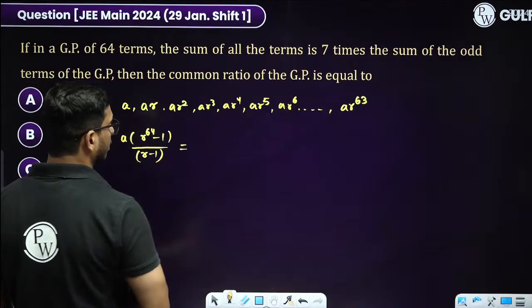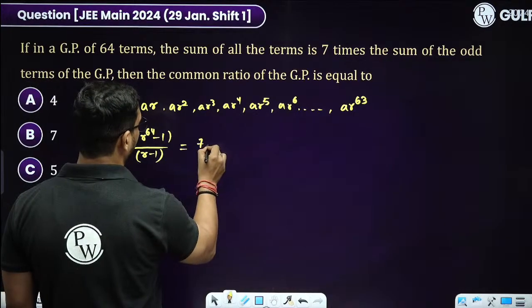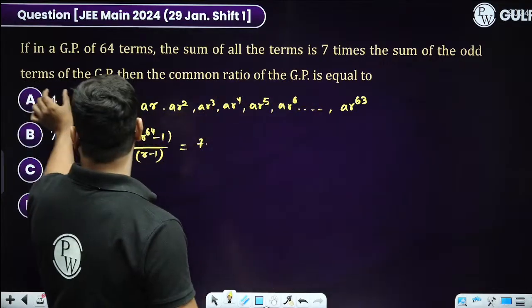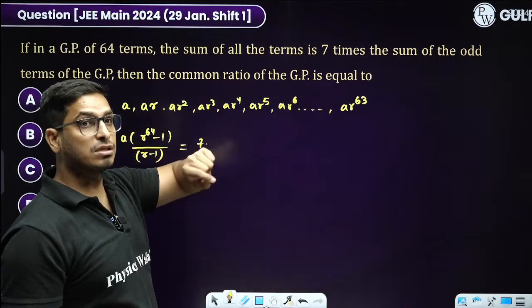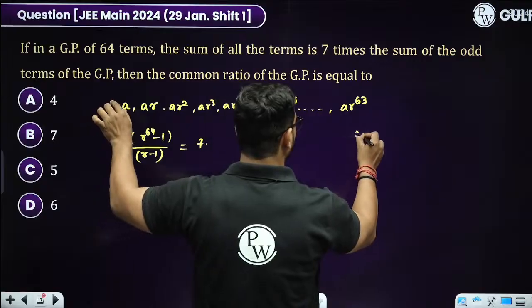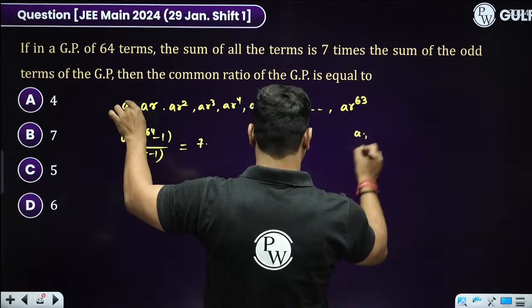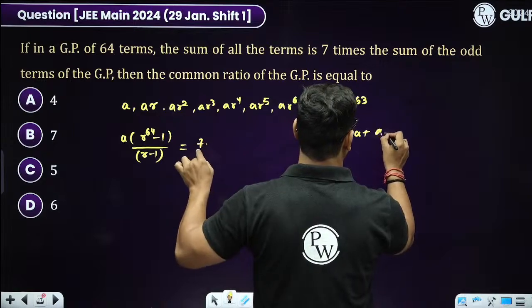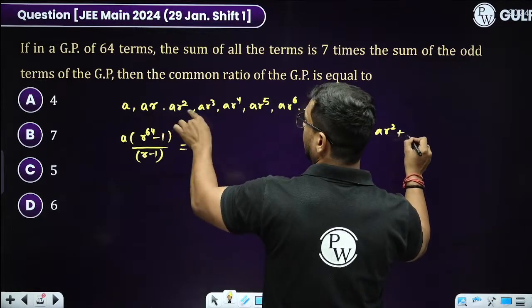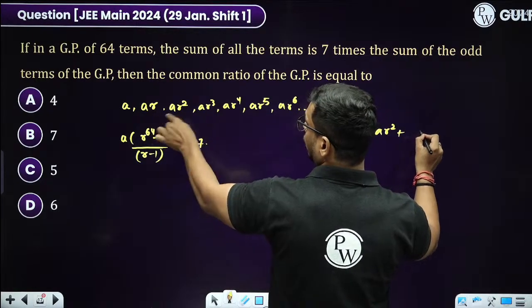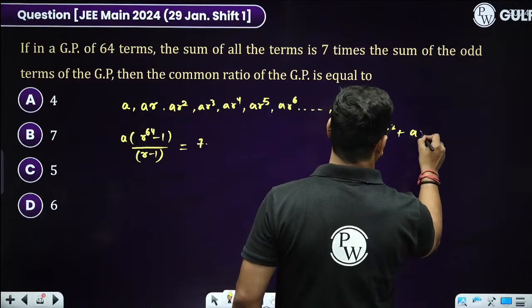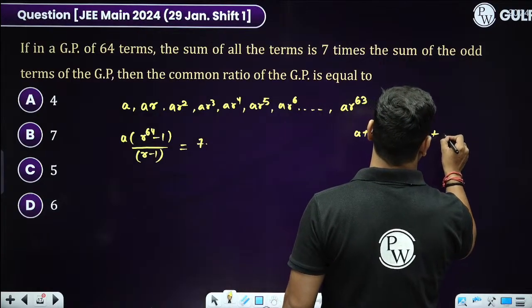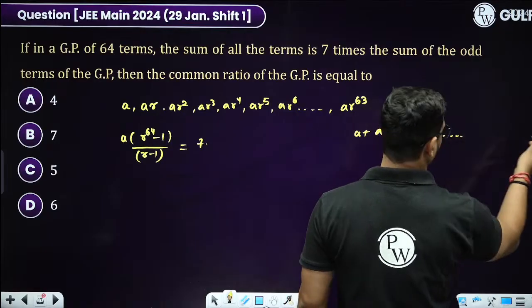And that should be equal to 7 times the sum of odd terms. Odd terms means a, then we have ar square, then ar to the power 4, and so on.